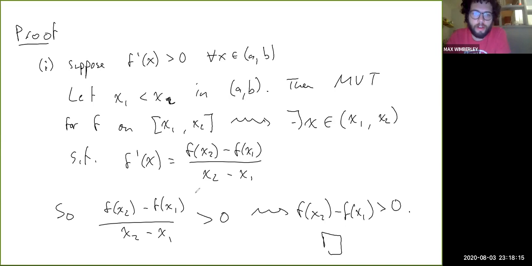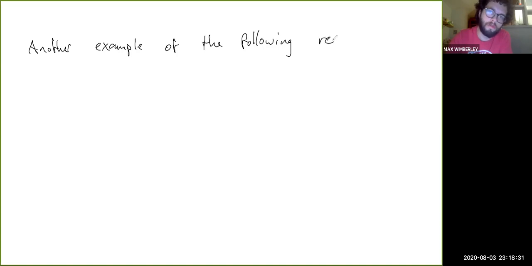So, this is very simple. Again, you can see this is another example of the following reasoning.